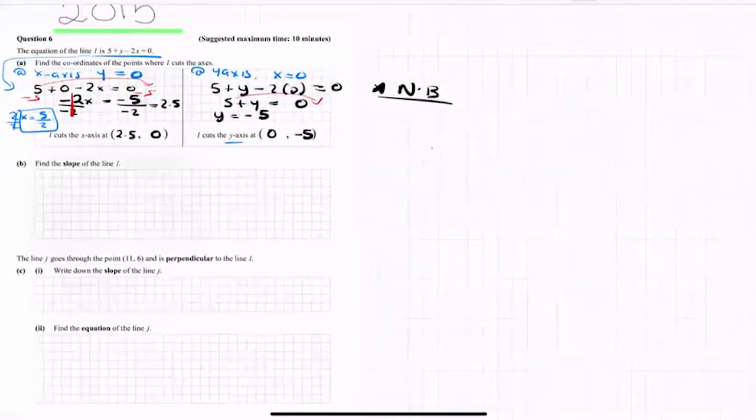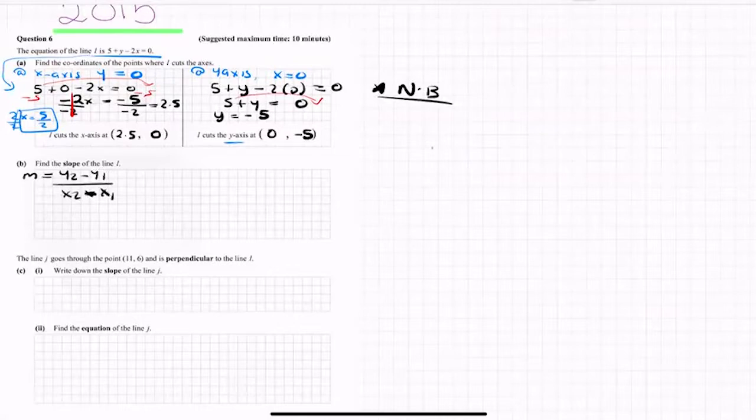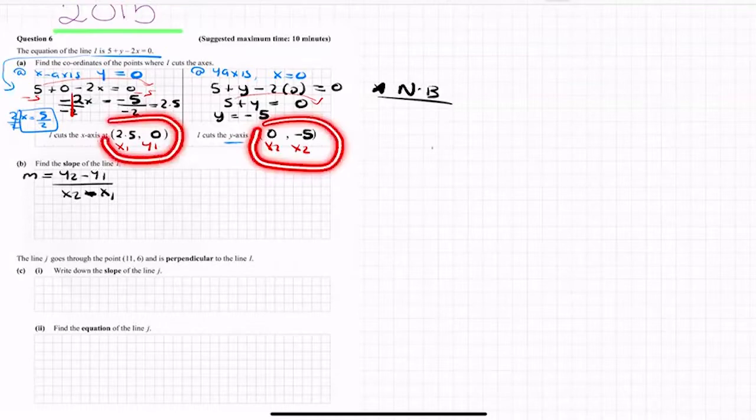Find the slope of the line L. Well, you have two ways of doing it. You can go y2 minus y1 over x2 minus x1. These are 2 points on the line, so you can label them x1, y1, x2, and y2. We've just found 2 points on that line where it cuts the y and the x-axis.